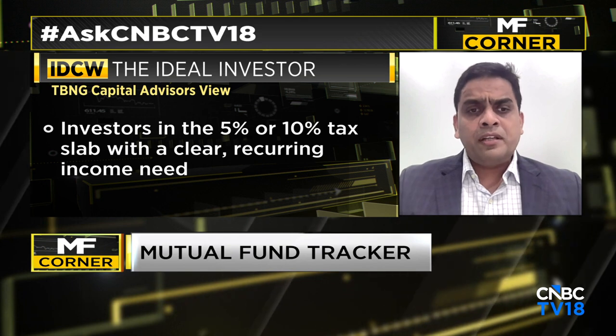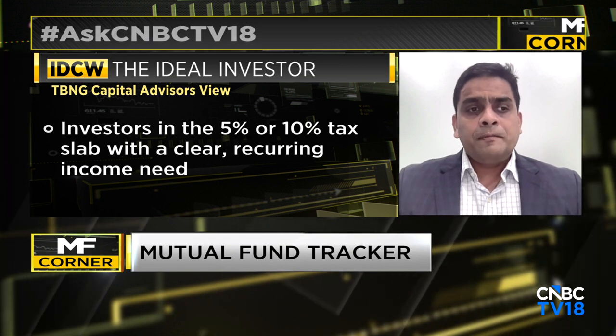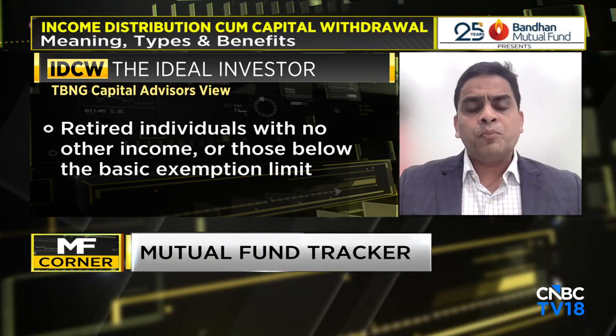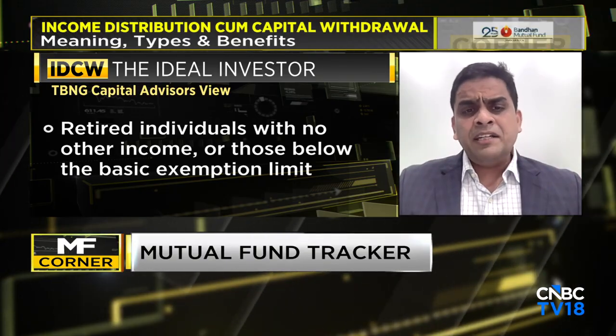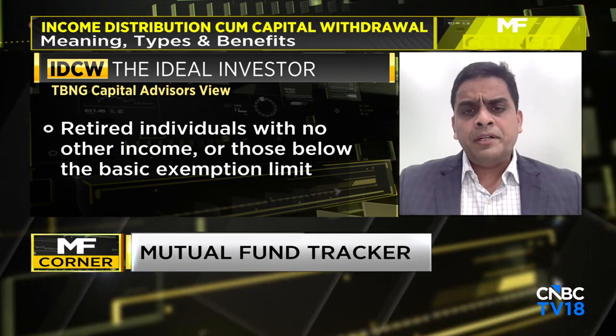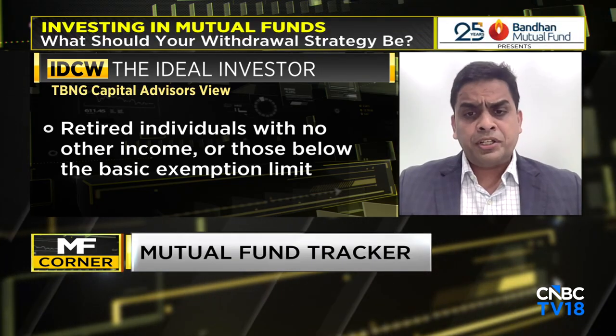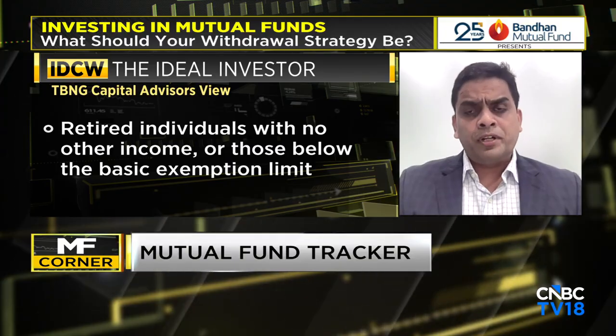The reason is that the investor stays in equity, controls the redemption amount, and only the gain portion is taxed. IDCW destroys compounding by distributing capital on the fund manager's schedule, not on the investor's schedule. That is one of the most important problems.